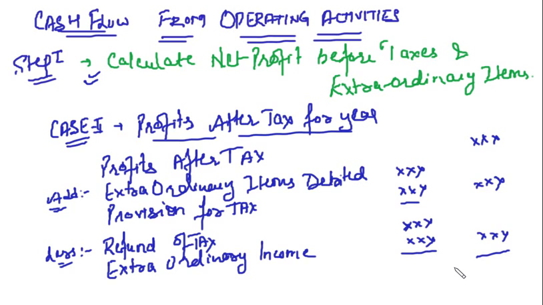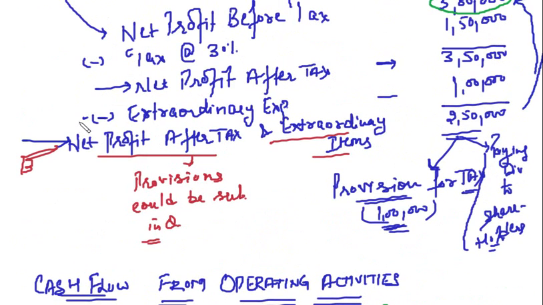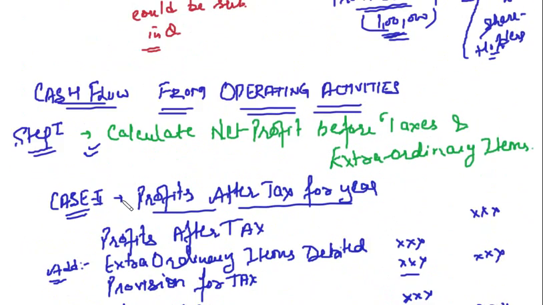That was an extraordinary loss. Now, for that stock, you had done the insurance, you get the insurance compensation, that is your extraordinary income. Because it is not a routine income, that income is because of some extraordinary reason. Clear? So, if there is an extraordinary expense, we will add back because here we have subtracted the extraordinary expense. If there would have been an extraordinary income, then I would have added back in the net profit. Clear? Very simple basics.